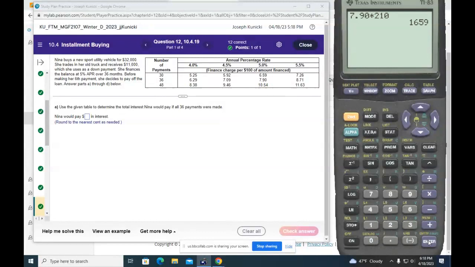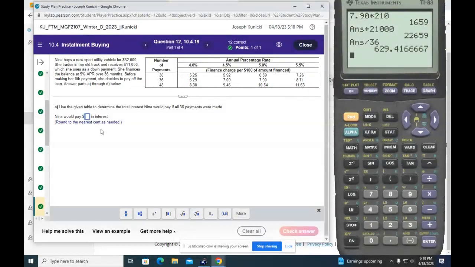So the total finance charge is $1,659, plus the $21,000, divided by 36. So the monthly payment is $629.42. I need M to solve the formula. Now they want to know the total interest, so that's $1,659.